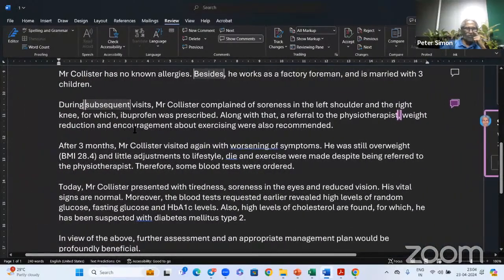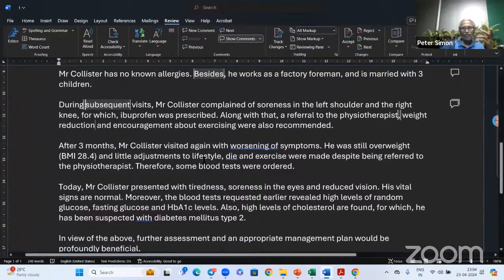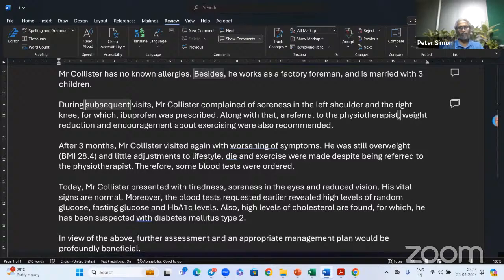A referral to the physiotherapist was provided. Weight reduction was recommended.